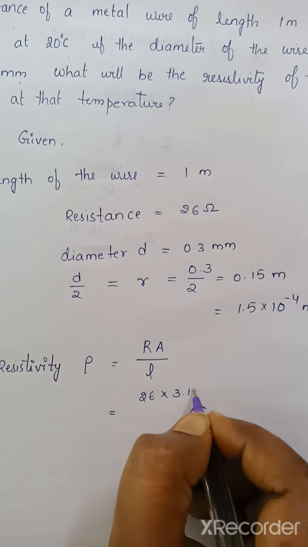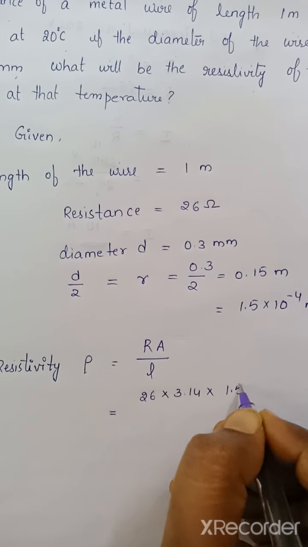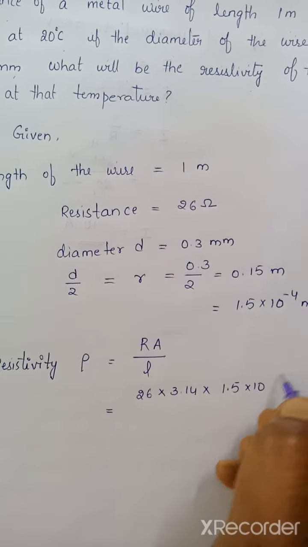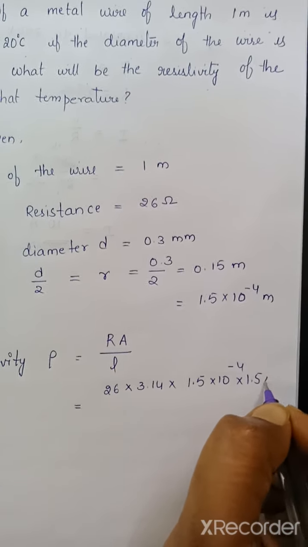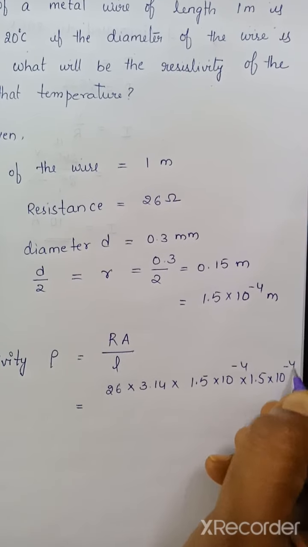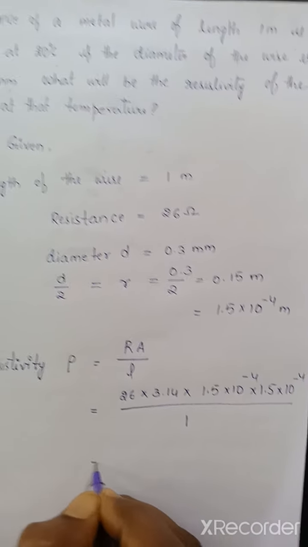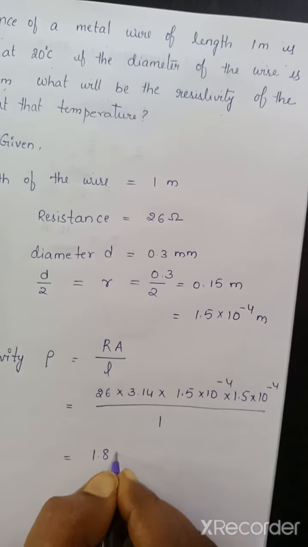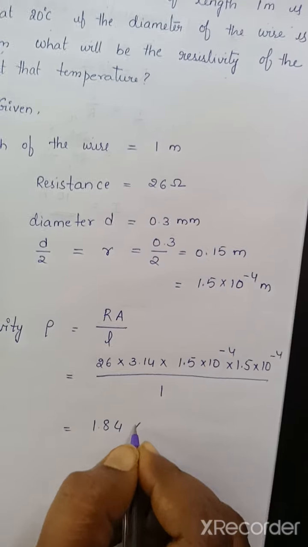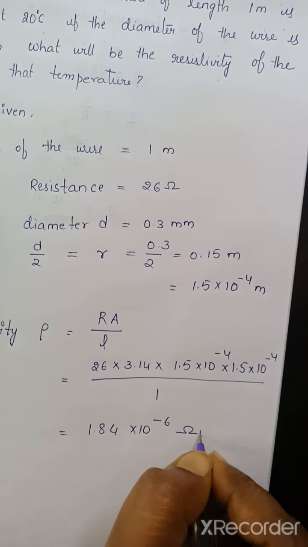Pi value is 3.14, R value is 1.5 into 10 power minus 4, again 1.5 into 10 power minus 4, by the length, which is 1 meter. Now simplify this and you will get the answer as 1.84 into 10 power minus 6 ohm meter.